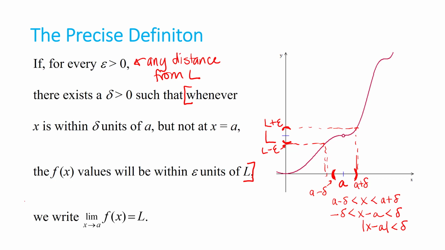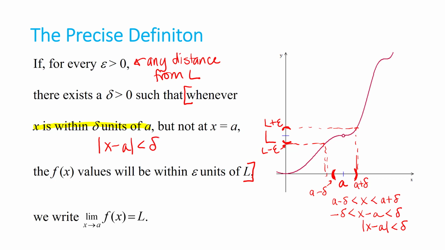All right, so I have some symbols I've written here that indicate x is within delta units of a. But I also need to add something to that inequality that would indicate x is not actually equal to a. So when I write something that indicates x is within delta units of a but not at x equals a, we'll actually have something written that looks like this. So we're going to write something that means x is within delta units of a.